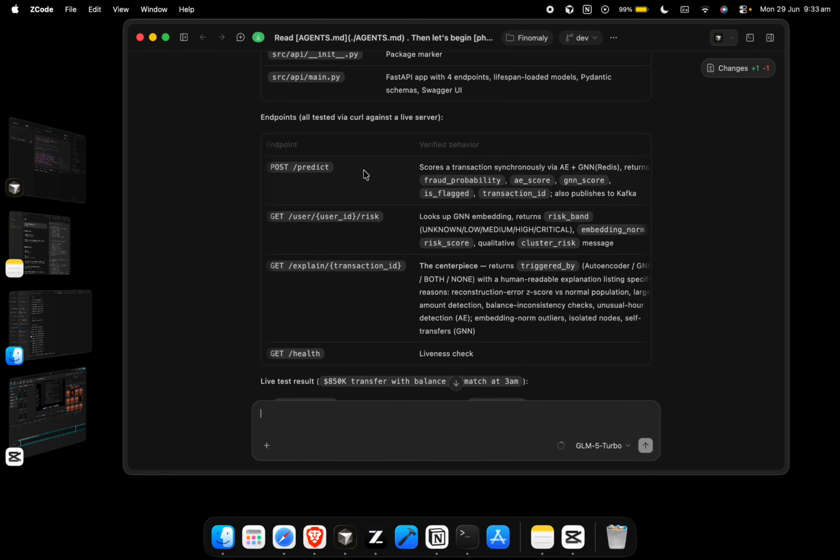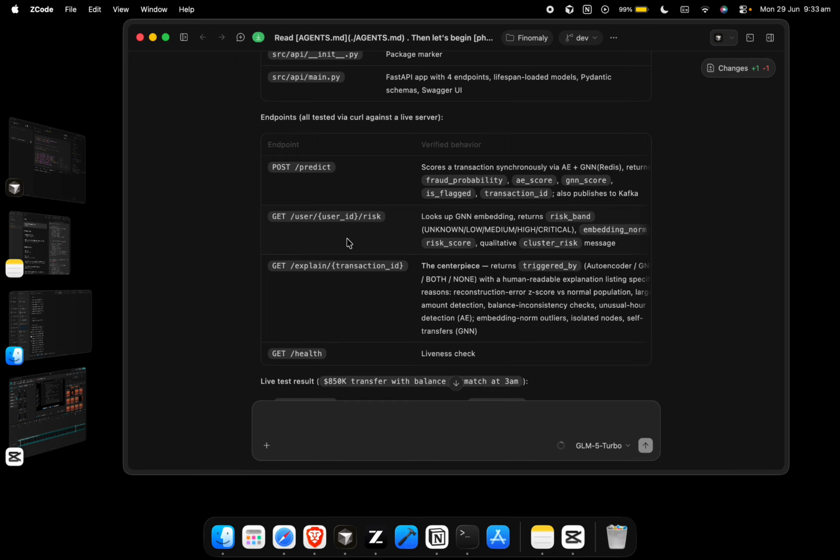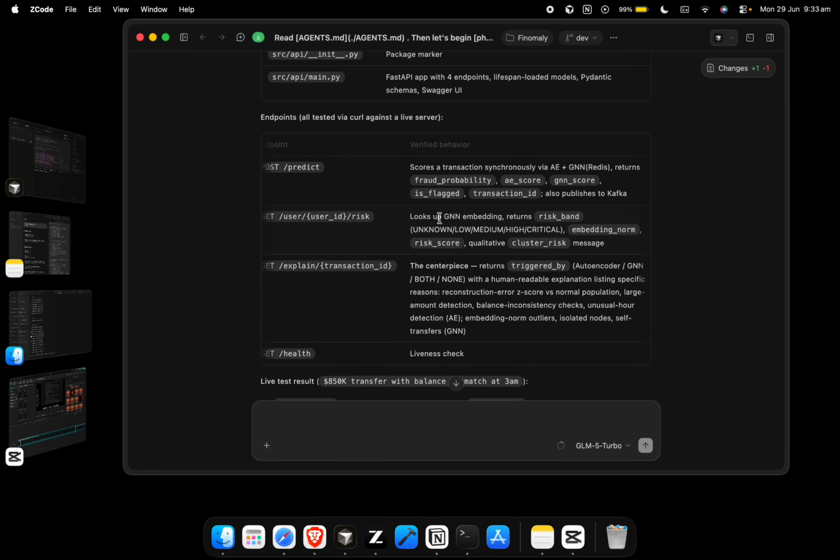The predict endpoint scores a transaction synchronously via autoencoder plus GNN Redis, returns the fraud probability, the AE score, GNN score, flagged, transaction ID, and also publishes it to the Kafka queue. We have the get user ID risk endpoint. This looks up the GNN embedding, returns the risk band, embedding norm, risk score, and a qualitative cluster risk message.